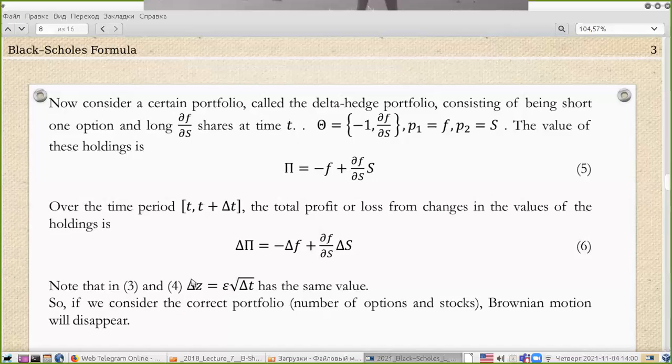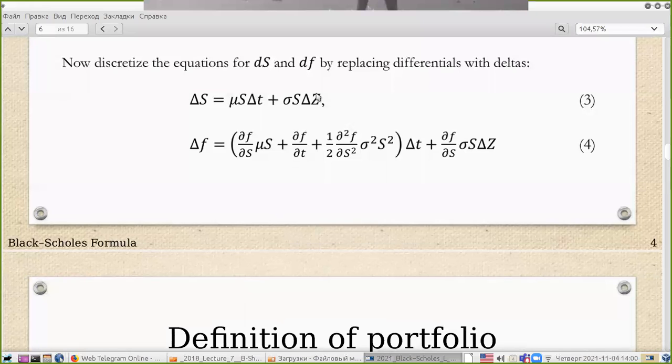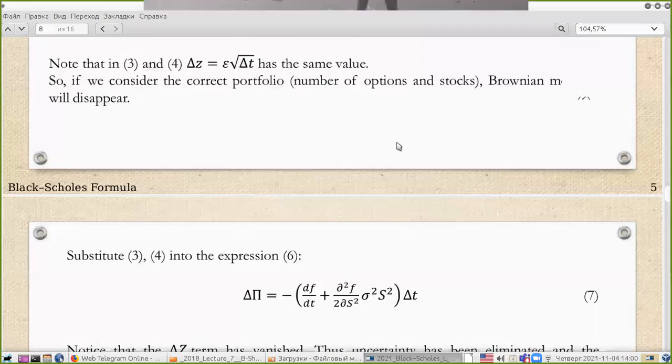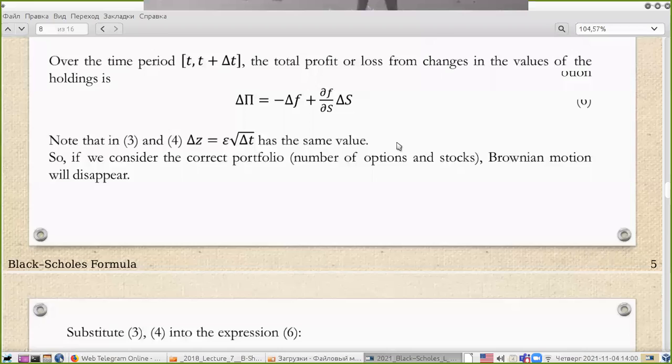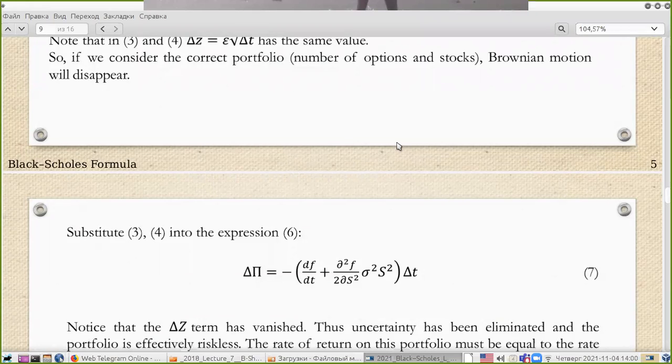So in formula 6 we can substitute 3 and 4 into expression 6.